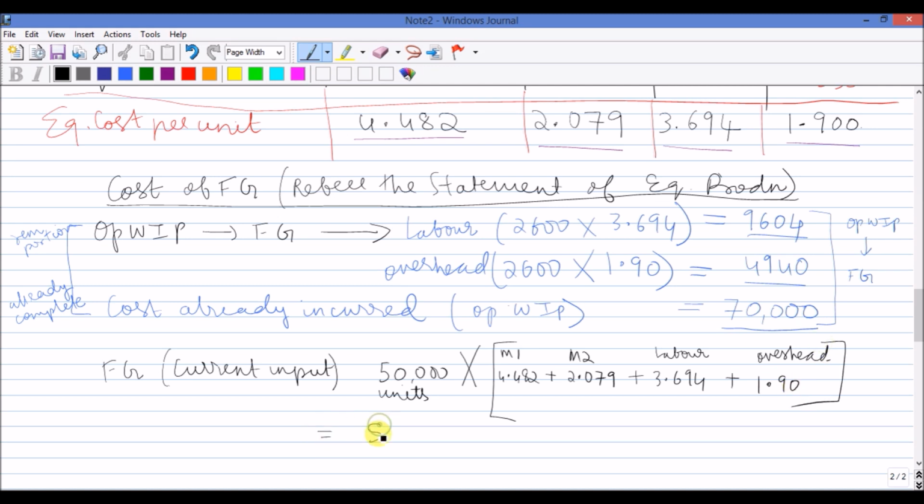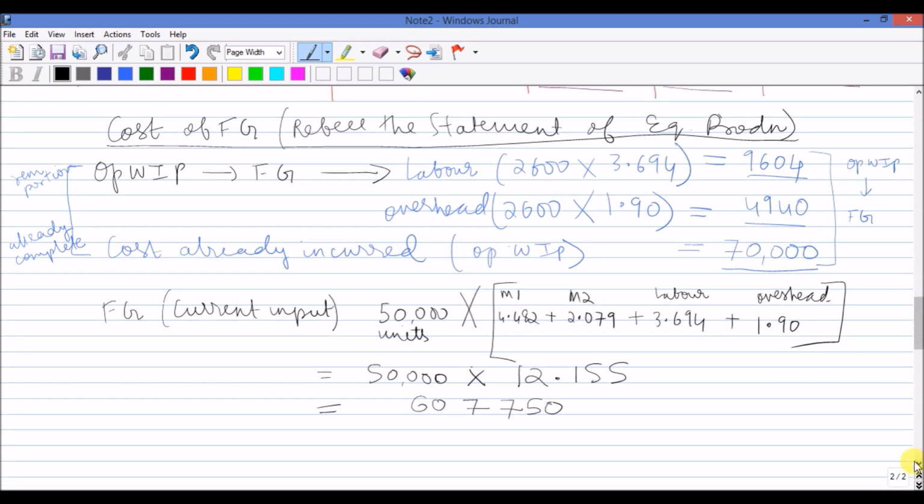So I'm going to add all this: 4.482 plus 2.079 plus 3.694 plus 1.90 is going to give me 12.155. So I'm going to multiply 50,000 into 12.155, which is going to give me 607,750. Now we have completed the entire thing, friends.